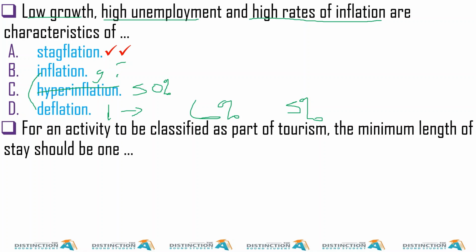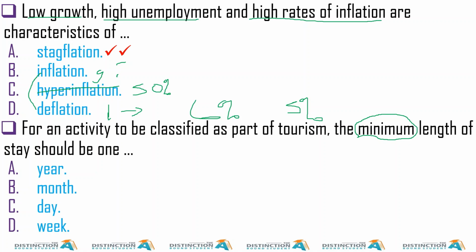For an activity to be classified as part of tourism, I told you before, we saw this question, but in that year they asked you about the maximum. Now they changed, and I also told you that when they talk about minimum, that'll be days.